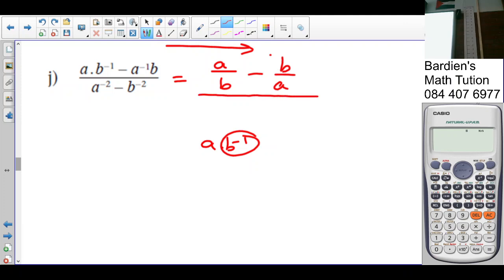This is all over 1 over a squared minus 1 over b squared. Now what? Find the LCM. We know this means to divide. So what's your LCM on top?